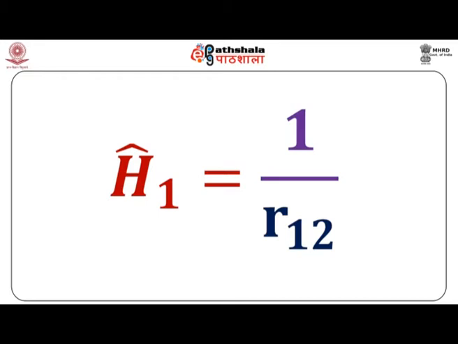That is only in atomic units. Now once we have specified the first order correction to the Hamiltonian, we need to apply first order perturbation theory to find out the first order correction to the energy.